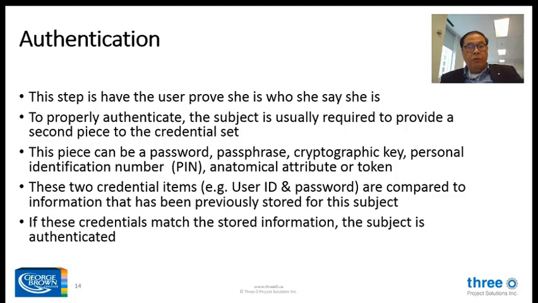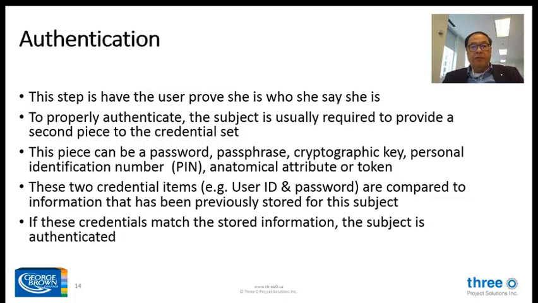Provide a passcode, password, or whatever secret information is associated with that identification that you've been provided previously, okay? To most of us, this is a username and a password which we use so often, so many times. So the system will receive what you enter as a piece of evidence to authenticate you are actually what you claim you are from an identification point of view.